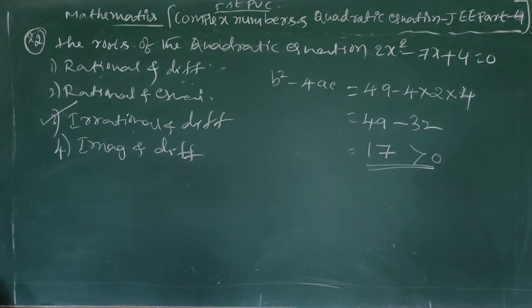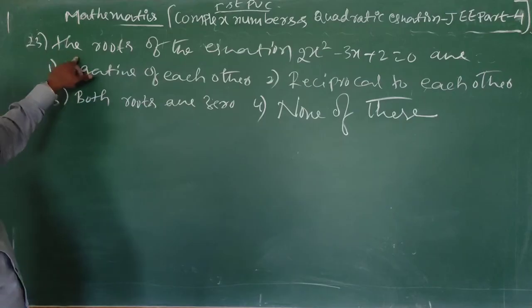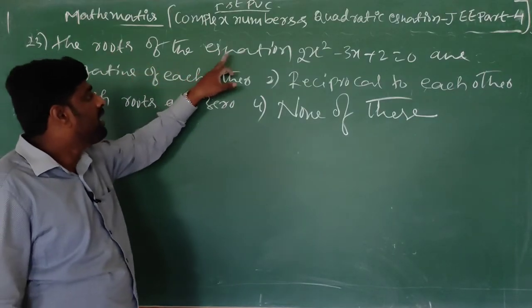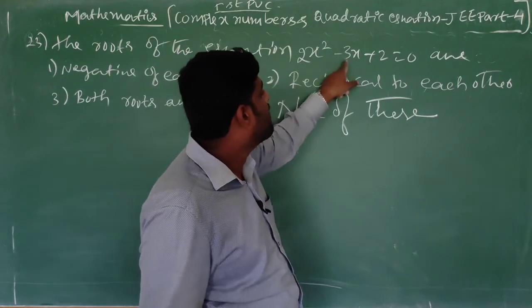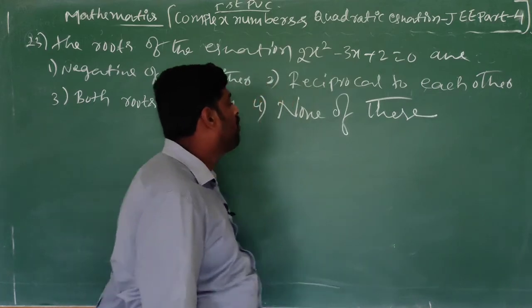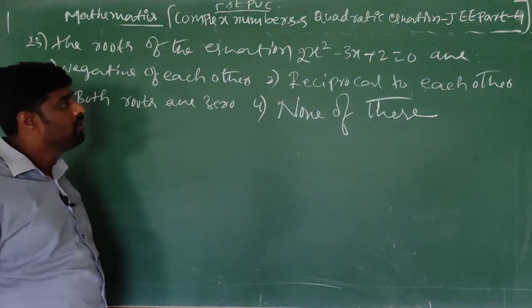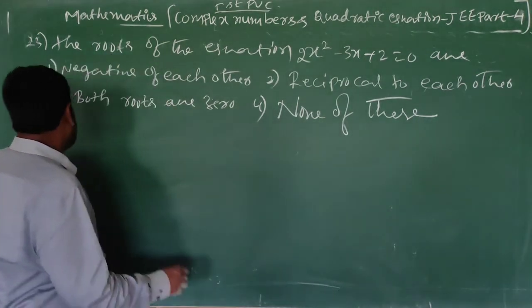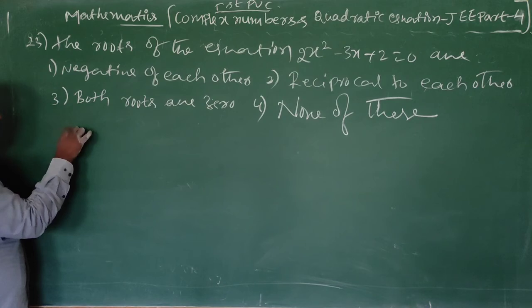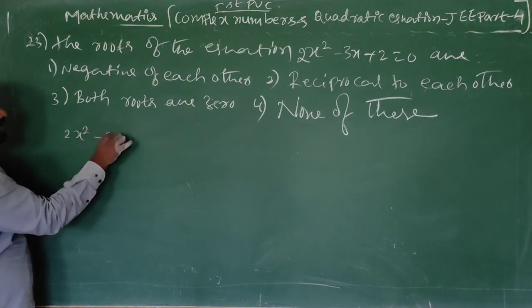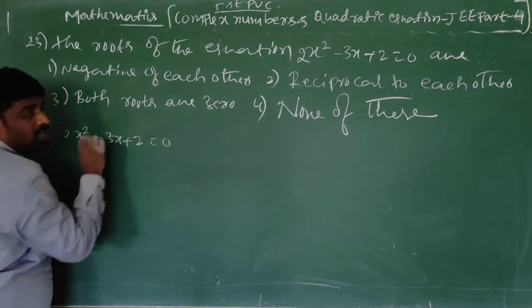Third option. Next question. The roots of the equation 2x square minus 3x plus 2 is equal to 0 are: negative of each other, reciprocal to each other, both roots are 0, none of these. First, what is the equation? 2x square minus 3x plus 2 is equal to 0.